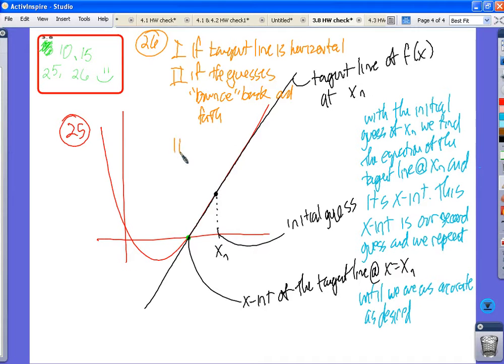Or maybe if f of x sub n is undefined, that would happen. You could say the tangent line is horizontal or the slope is undefined, i.e. a cusp, or a hole or a vertical asymptote.